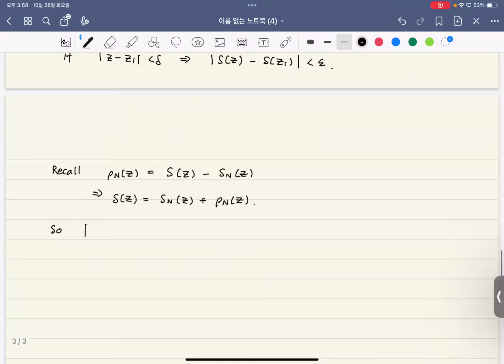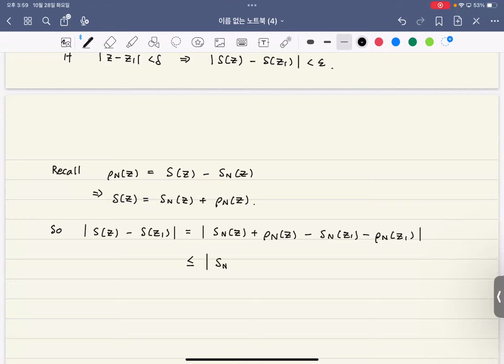Then S of z minus S of z1 is Sn of z plus the remainder of z, and everything minus Sn of z1 minus the remainder of z1.